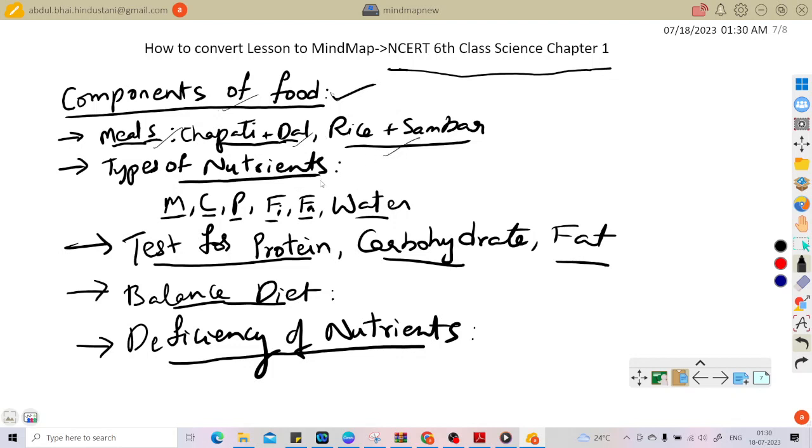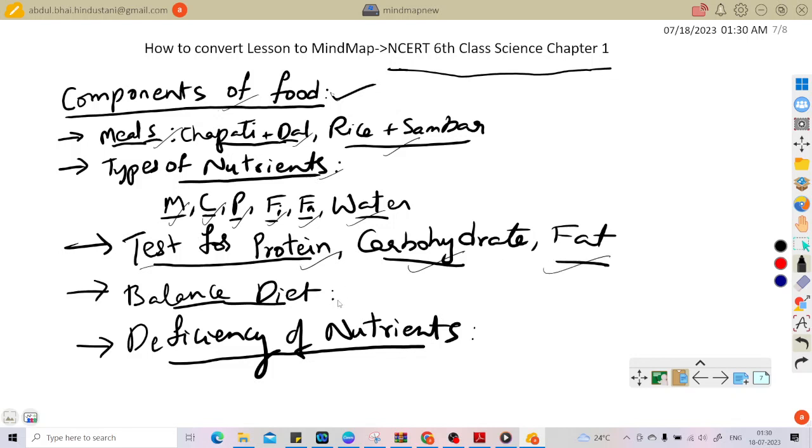The second topic is about the various types of nutrients: minerals, carbohydrates, proteins, fiber, fat, water. Then the next topic is about the different tests we can perform for finding out the protein, carbohydrate and fats in the food.